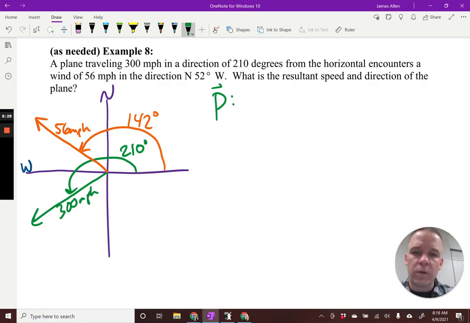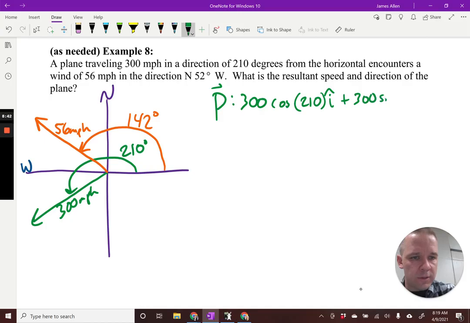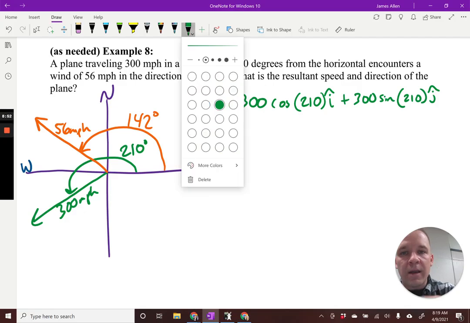We've got 300 cosine of 210. Oh, what a lovely trig value. I hat plus 300 sine of 210 j hat. Anyone ever forget which way the I and the J go sometimes? I've second guessed myself.